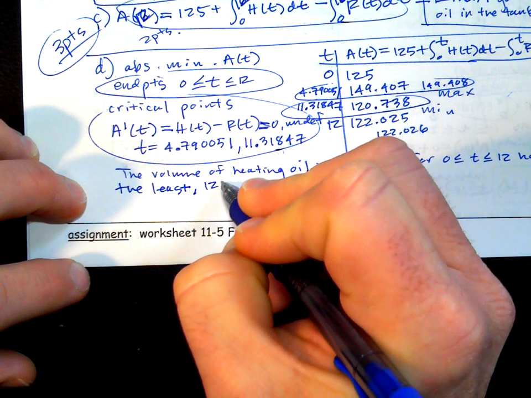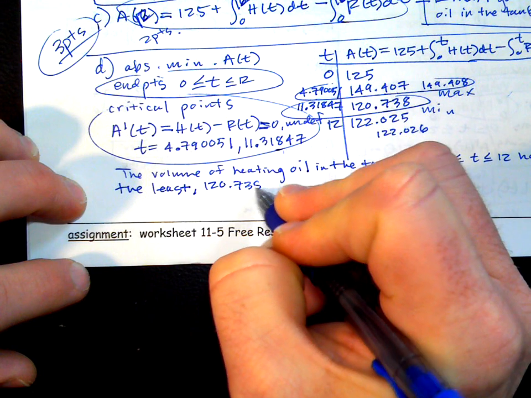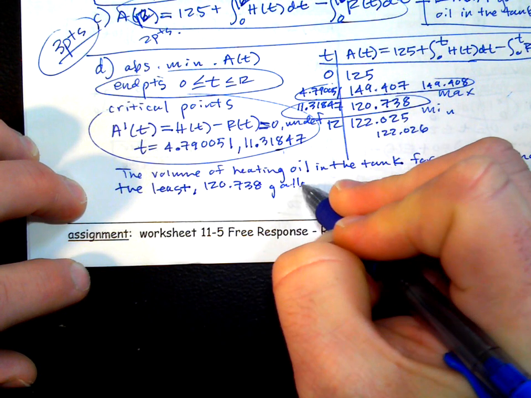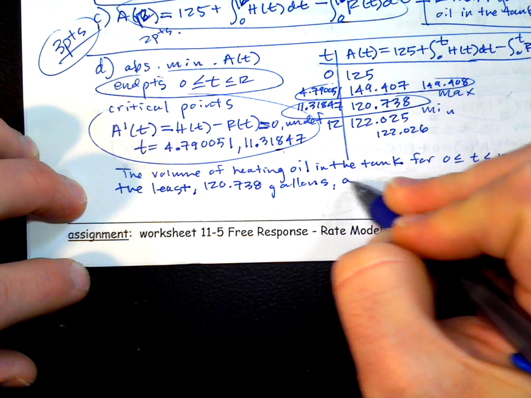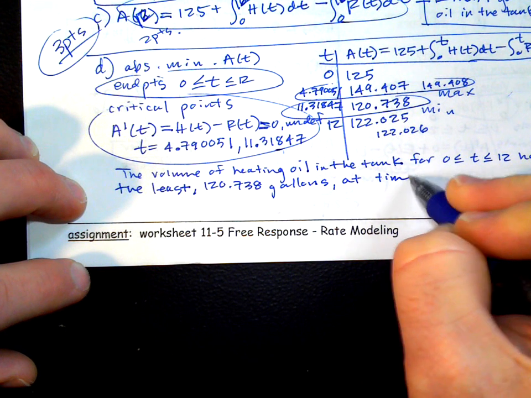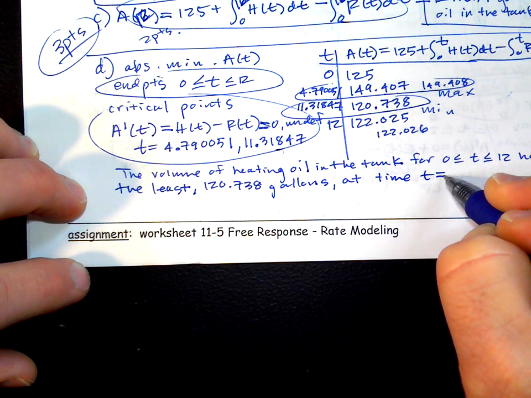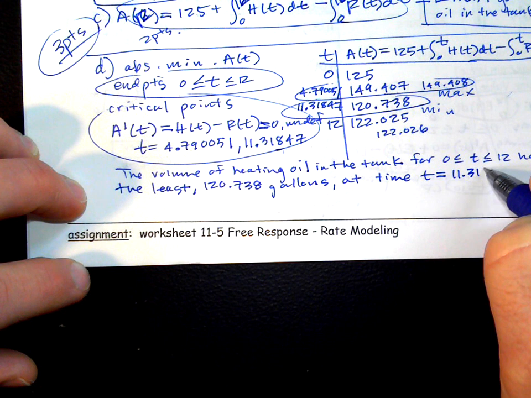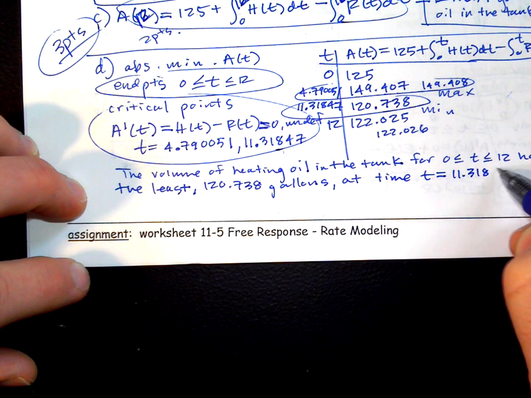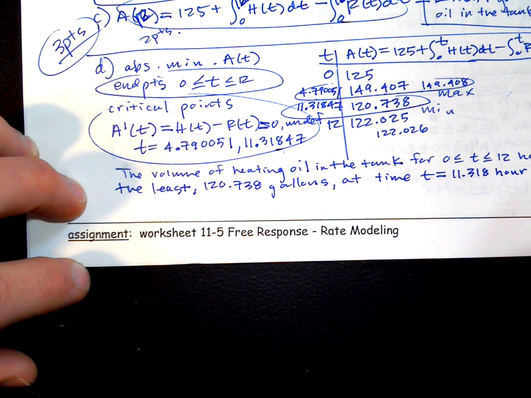It's 120.738 gallons. Got to put units. At time t equals 11.318. 3 decimal accuracy for your final answers. Hours, units.